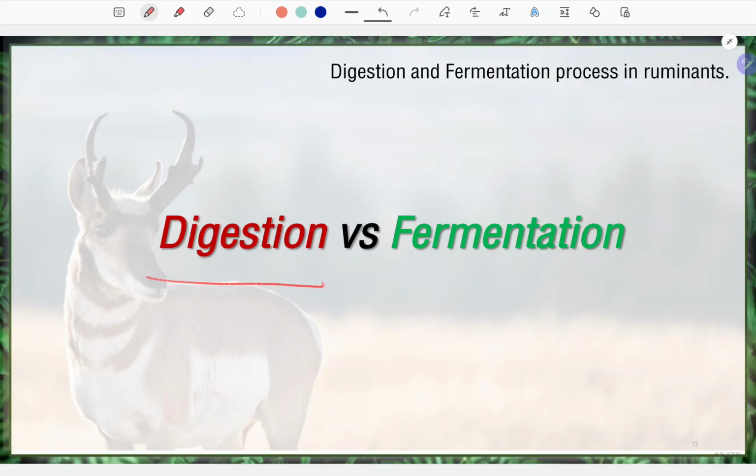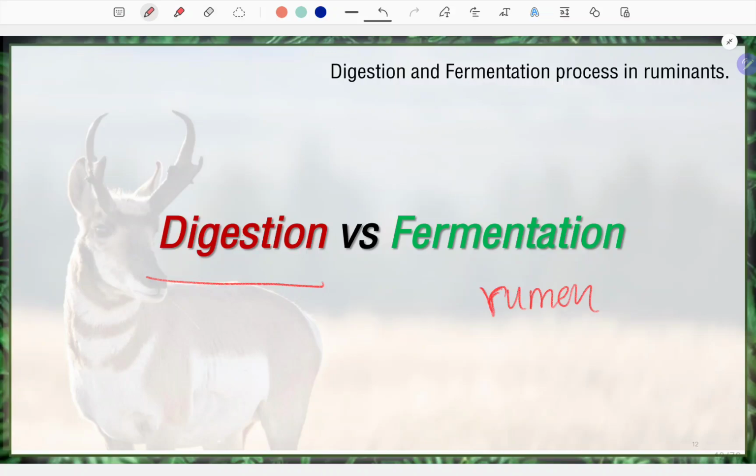In the mouth, there is mechanical digestion from the teeth. When feed goes down to the rumen, there is a fermentation process by microorganisms.